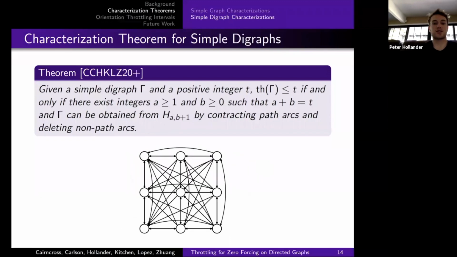And we found that there's actually an analogous theorem for digraphs, namely that the throttling number of a digraph is less than or equal to t if and only if, once again, we can find these integers a and b that sum to t, but now we can obtain the digraph from this HAB plus 1 host graph by contracting path arcs and deleting non-path arcs.